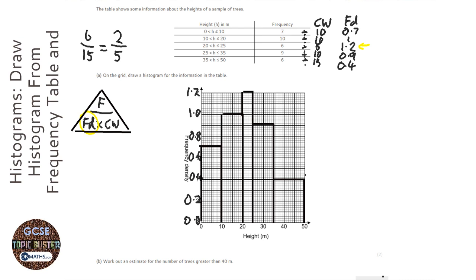Okay, so let's have a look at the next question. The next question says work out an estimate for the number of trees greater than 40. So if I draw a line up at 40, we're looking for these. Now, the total frequency of that bar is 6.